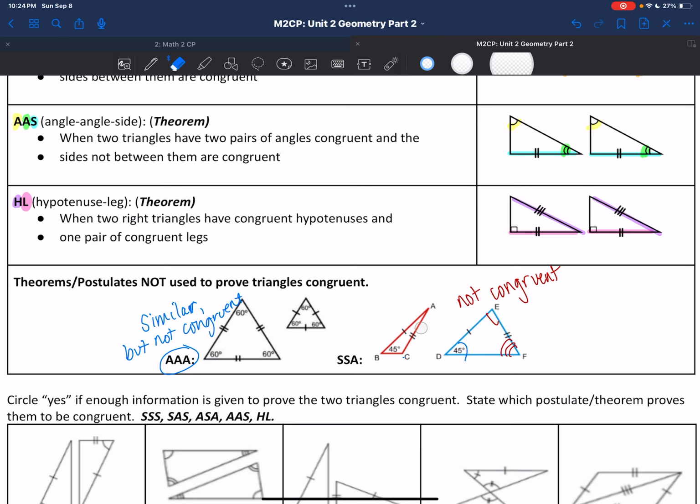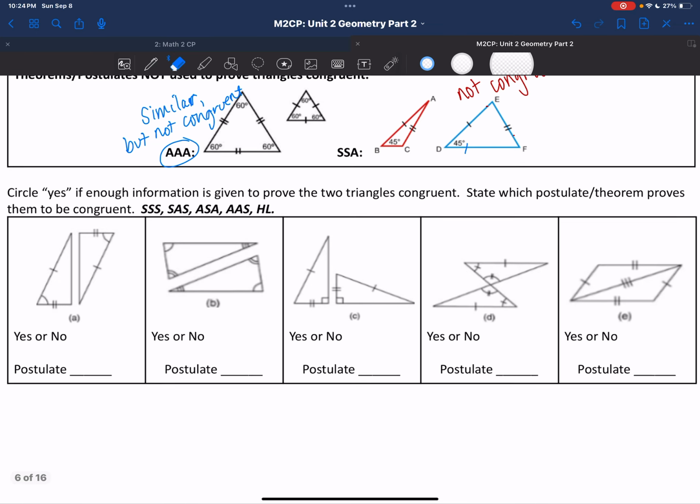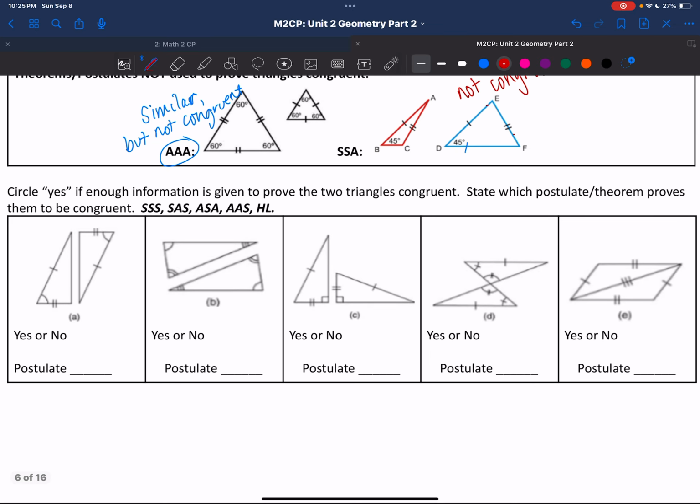So what I want you to do here is I'll do the first one and then we'll practice the other ones. So let's look at the information we have. We want to know if it's enough information to prove the two triangles congruent, and then we need to figure out which postulate or theorem proves it. So let's look. I've got a side, side.